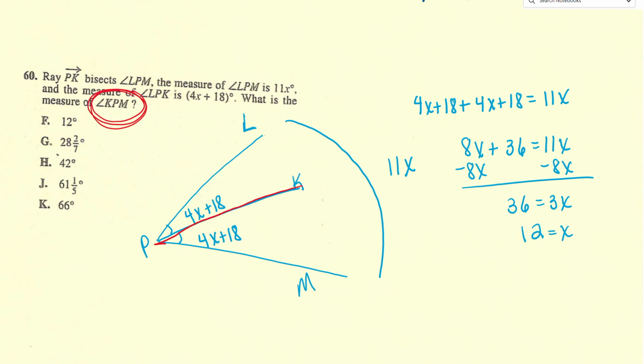K to P to M. So we have to let that x go live in its house right there and say 4 times 12 plus 18, and that's what gets us our answer, which is 66 degrees, or K.